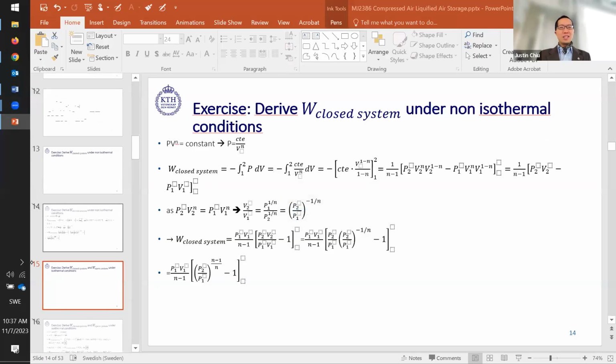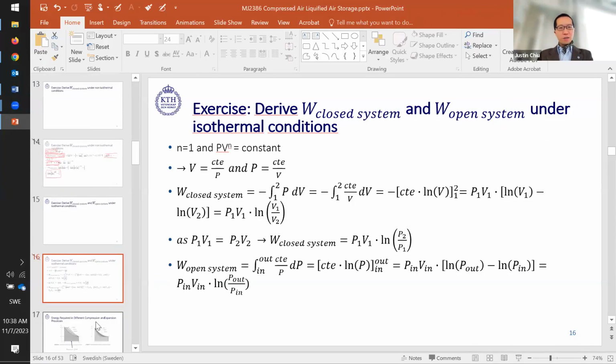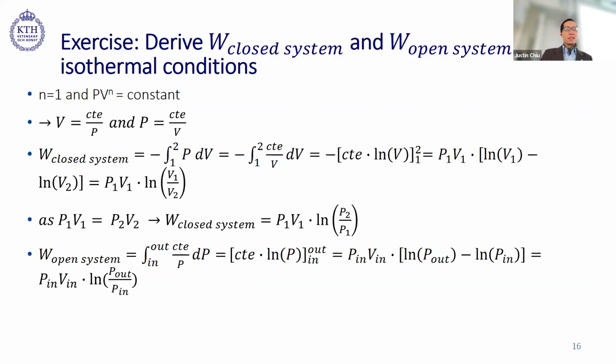And then the isothermal case. So earlier we were in the non-isothermal, meaning that the temperature would increase if you compress and temperature would drop if you expand. And now I'm showing you the case for isothermal conditions over here. And earlier, I just showed you why n is equal to 1.